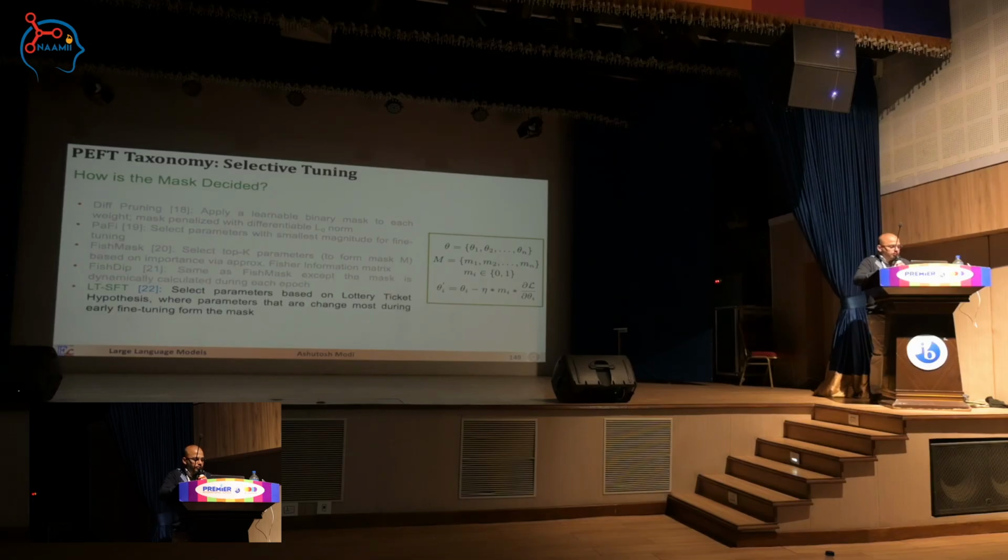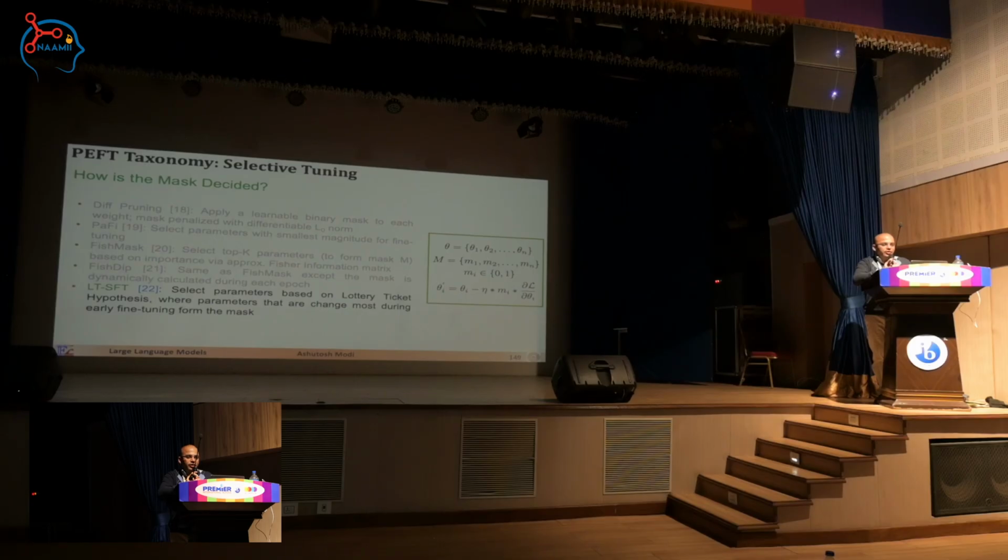And then there is something called LT SFT. The idea here is that you select the parameters based on the lottery ticket hypothesis. Does anyone know what the lottery ticket hypothesis for neural networks is? The lottery ticket hypothesis suggests that in a huge network, there exists a small, more efficient subnetwork which will give the same performance as the original large network.